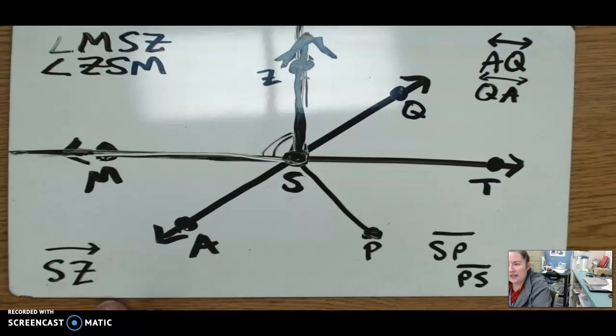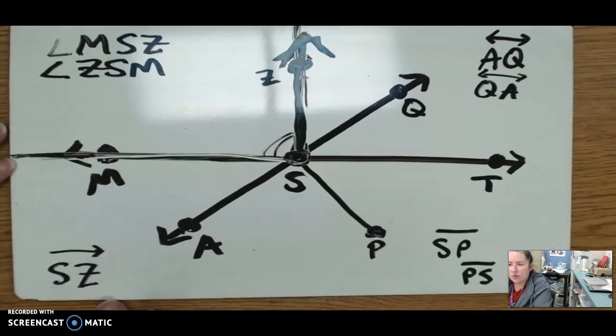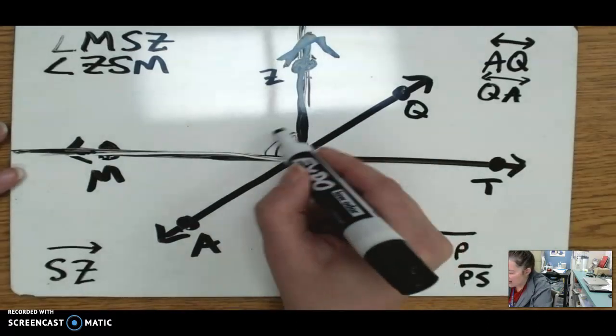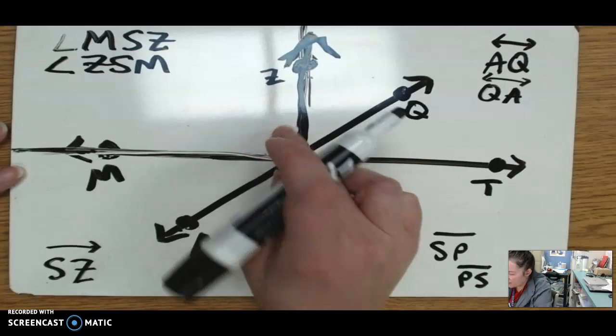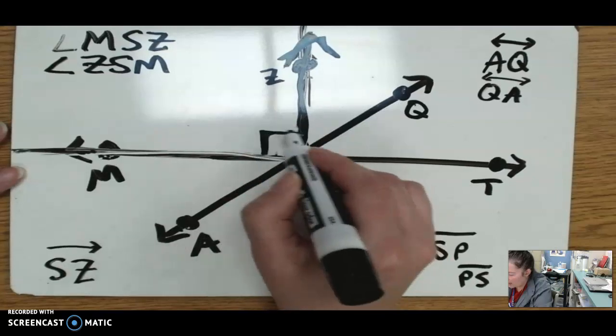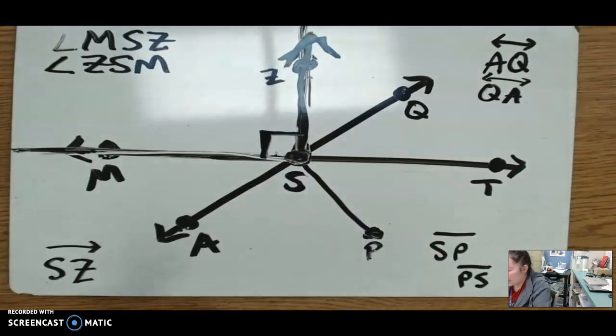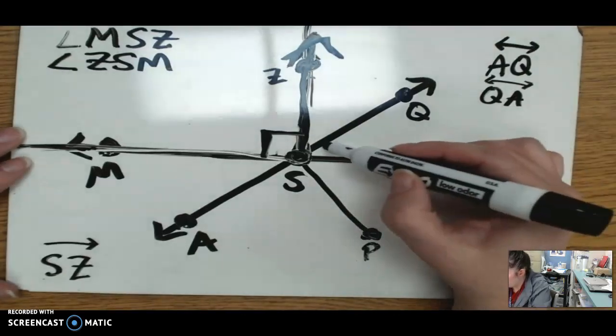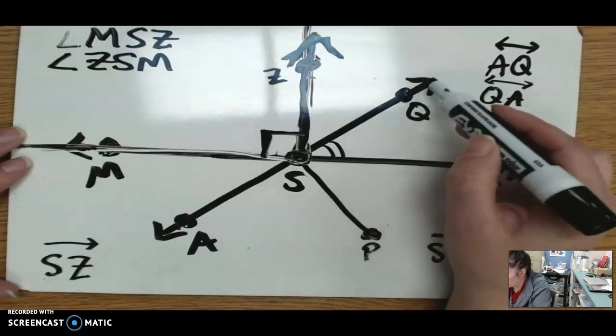Let's see if we can write another angle. Can you find an acute angle here? Remember, acute is less than 90 degrees. So this is a 90-degree angle. Normally it has a box on it like this. Let's see, can you name an acute angle on this picture? There are a lot of different acute angles. Let's say I want to label this angle right here.